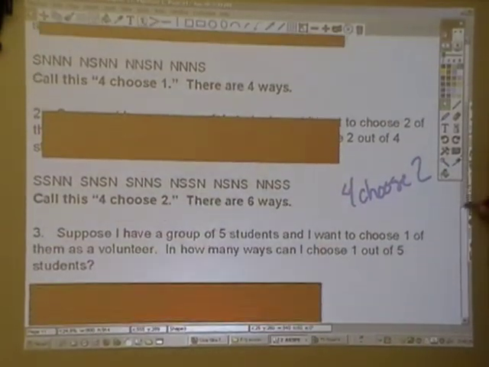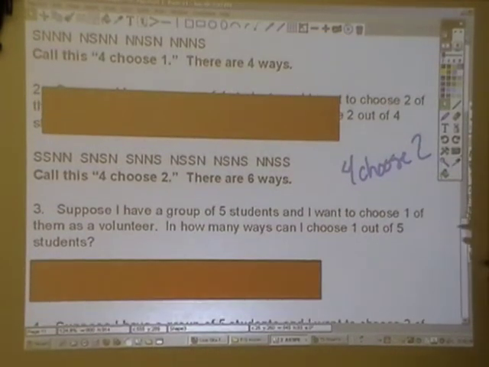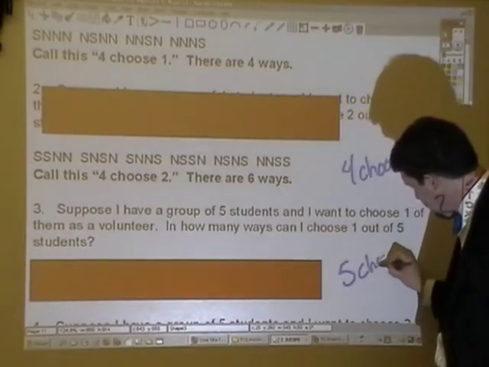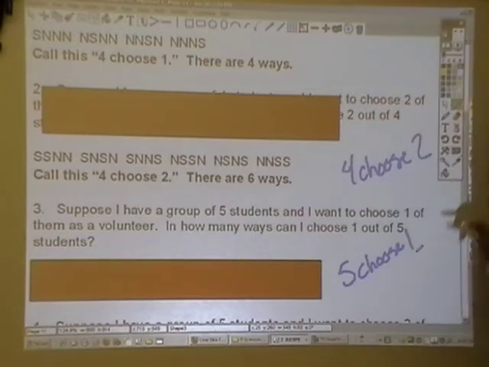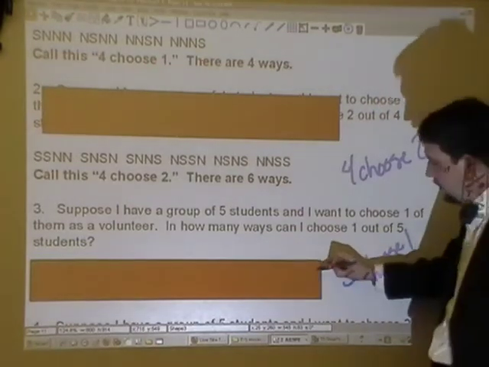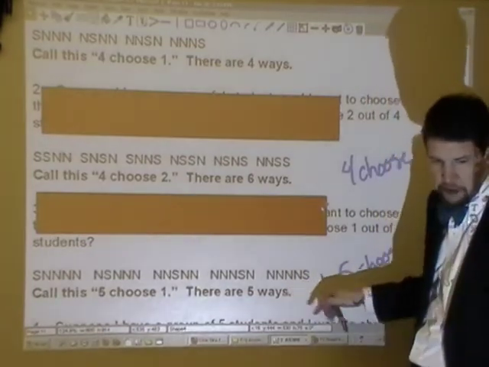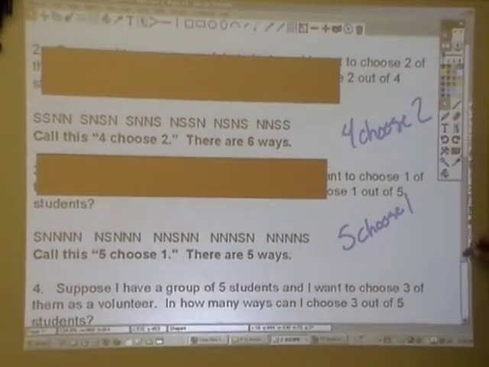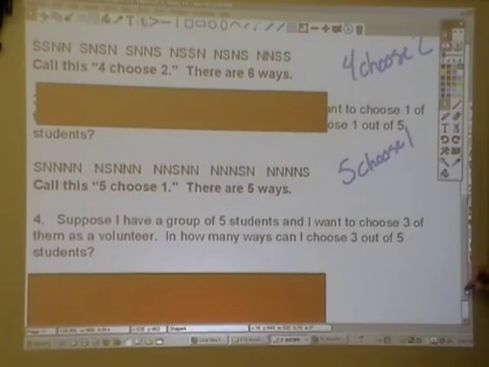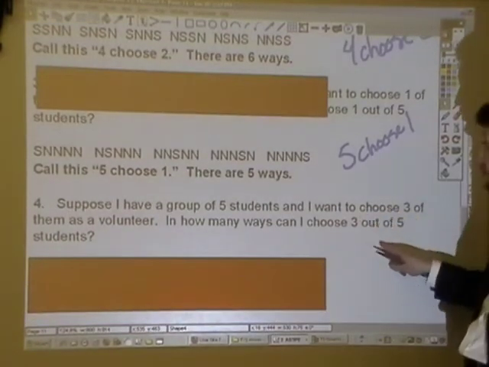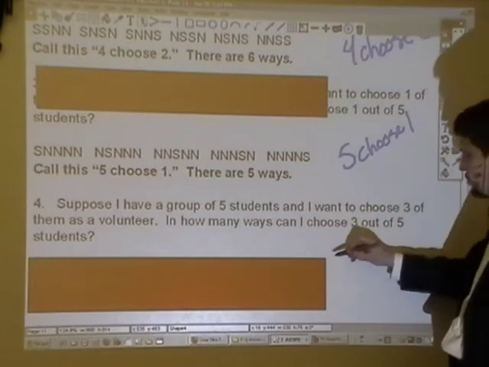All right. Suppose that I have 5 students and I want to choose 1. That's 5 choose 1. How many ways can I do that? You're saying 5, and you're right. Now say I have 5 and I want to choose 3. 5 choose 3.